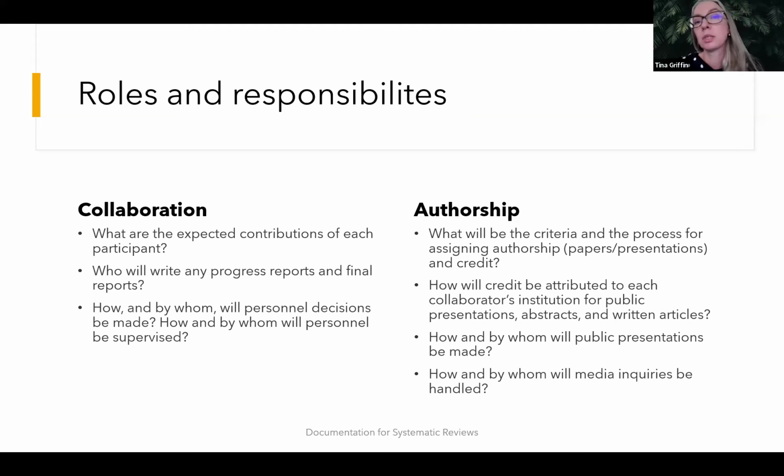I have been on teams where this has happened. And if this is written ahead of time and it's clear and transparent, you can avoid some very, very ugly conflicts by having this out there ahead of time so that people understand, no, this is what we agreed to.